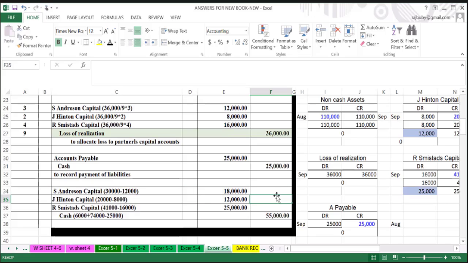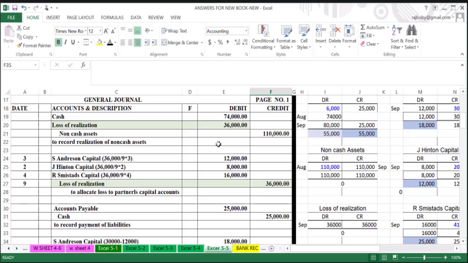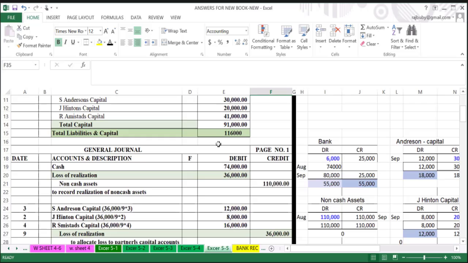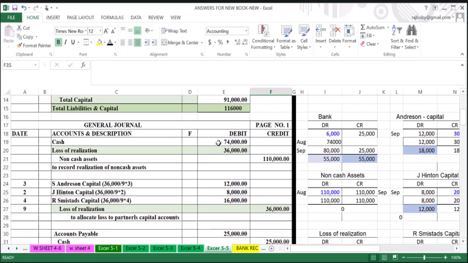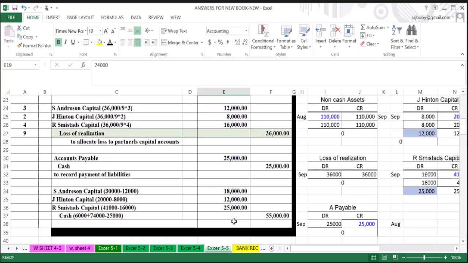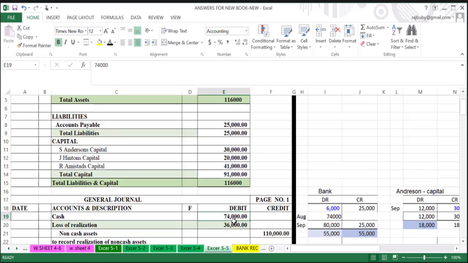Oh, why do you have 55? 74 minus 25. We have bank 74, right? Yes, but it's supposed to be 49. 74 minus 25. Oh, we have 6,000. What is 6,000? Oh, cash.